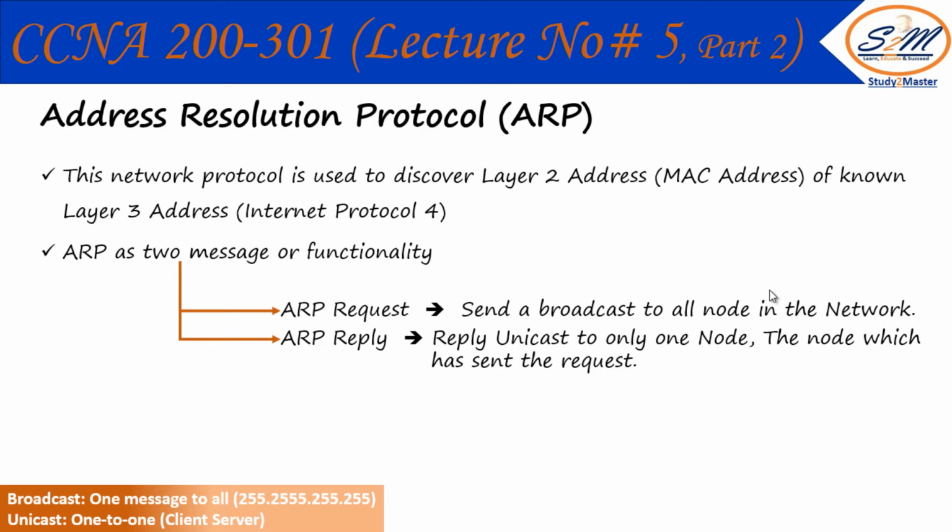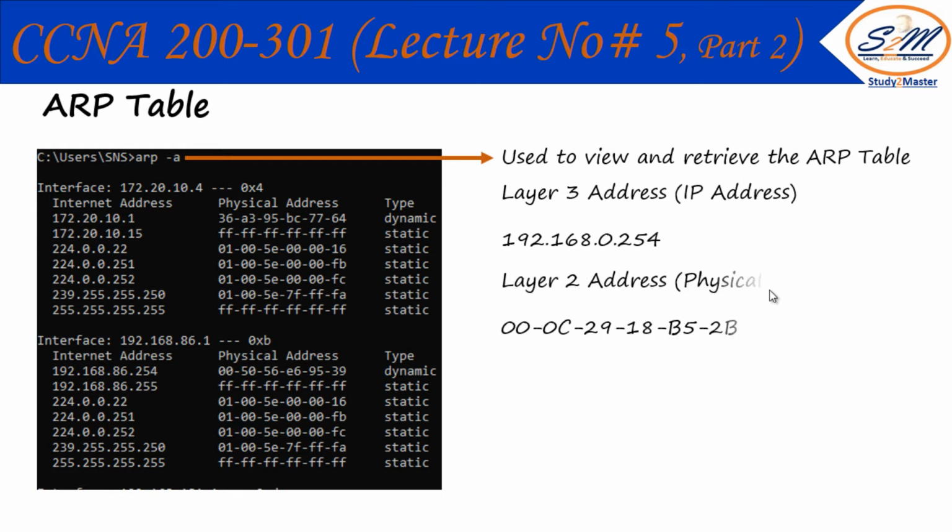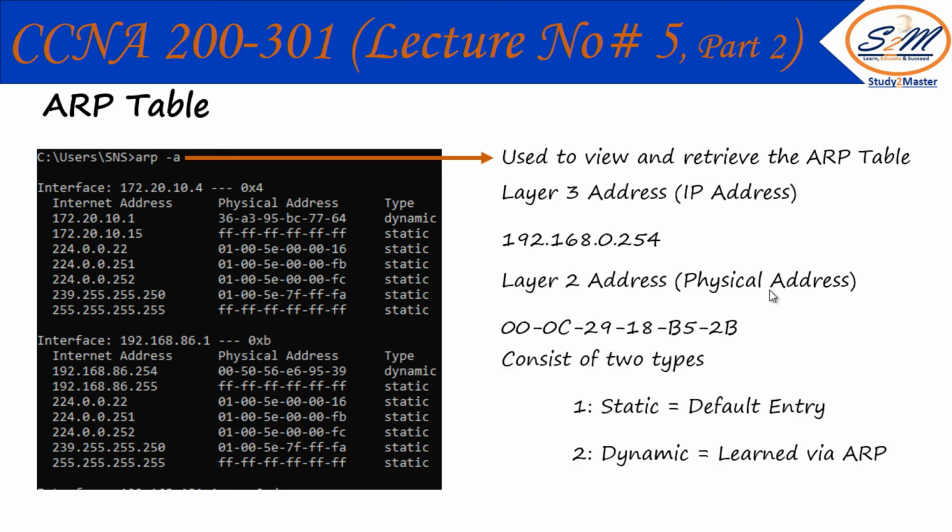So before we establish the connection, or before computer A sends the data to computer B, it sends an ARP request. This picture is snapped from my computer. This table shows 2 types of entries: static and dynamic. The arp -a command is used with Windows, Mac, and Linux to view and retrieve the ARP table. The layer 3 address is the IP address, for example 192.168.0.254.